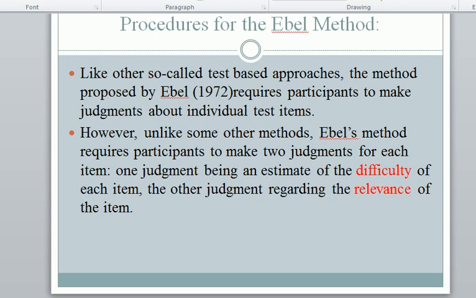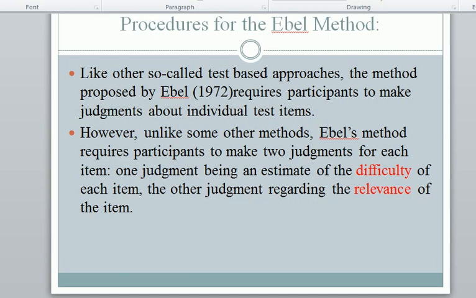So it means in this method, Ebel involved judges in decisions about individual test items. However, unlike some other methods, the Ebel method requires participants to make two judgments for each item.